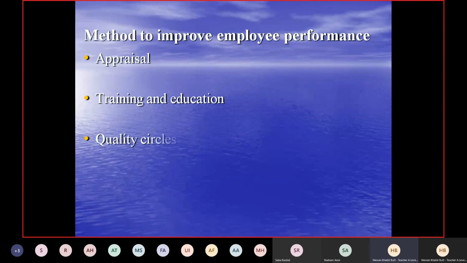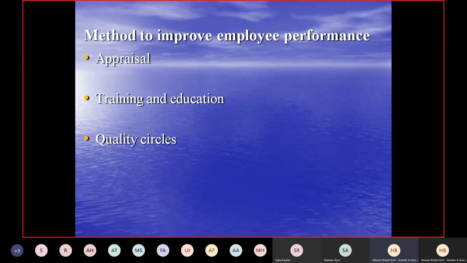Then quality circles. Now, what is it? Quality circles are actually groups of workers. Normally, they pick one or two employees from each department, and they form that group. The duty of the group is to visit all the departments of the organization, and their job is to find out the problems or issues which are there, or which are highlighted by the employees who are working there.